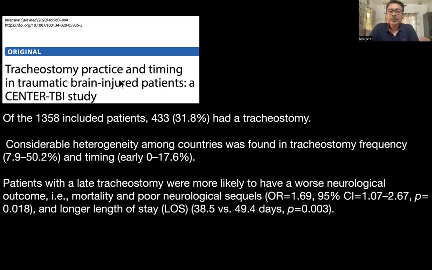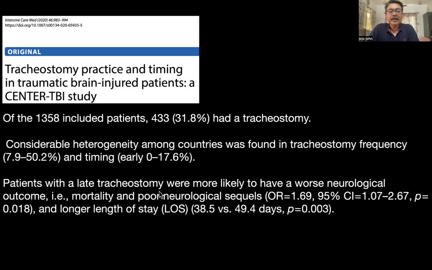This is in a population with traumatic brain injury. And there was considerable heterogeneity. The rate of tracheostomy varying from 7.9 to 50, even though the mean was around 31. And the median timing was around 9 days.